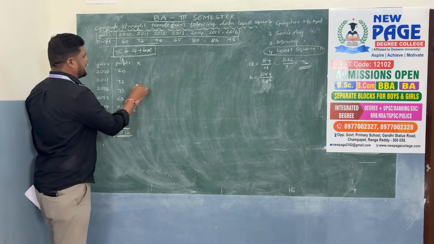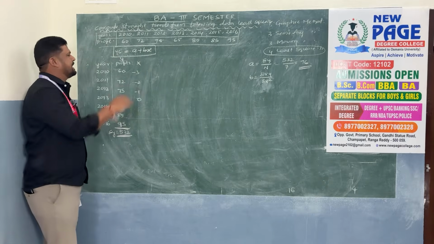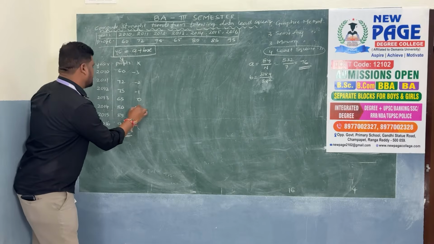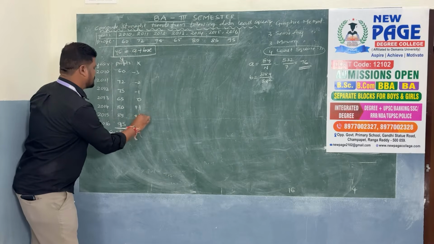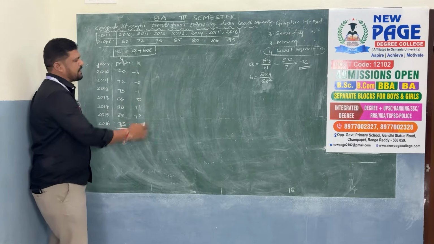So minus 1, minus 2, minus 3 going up, and then down plus 1, plus 2 and plus 3. This is the x values.